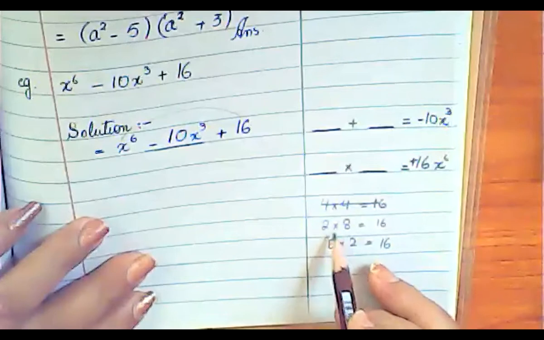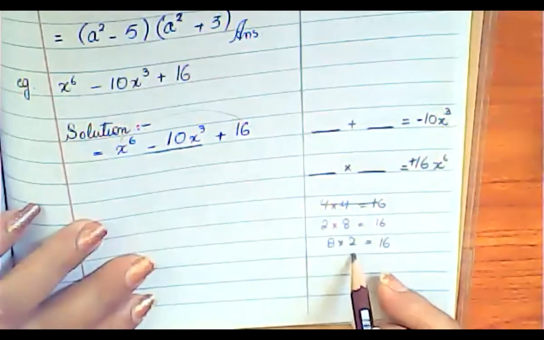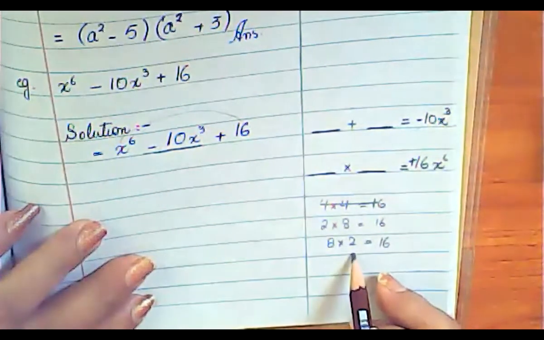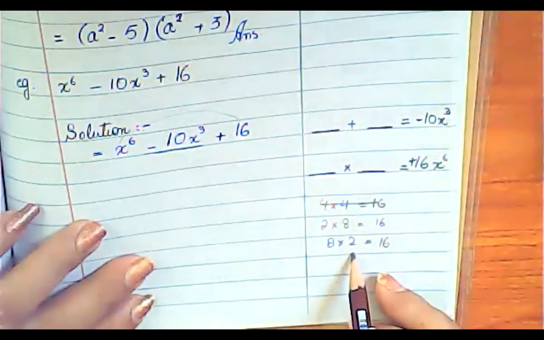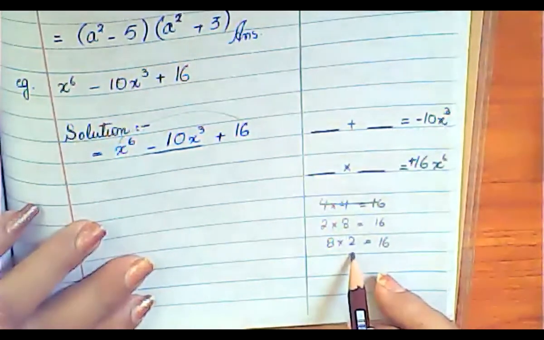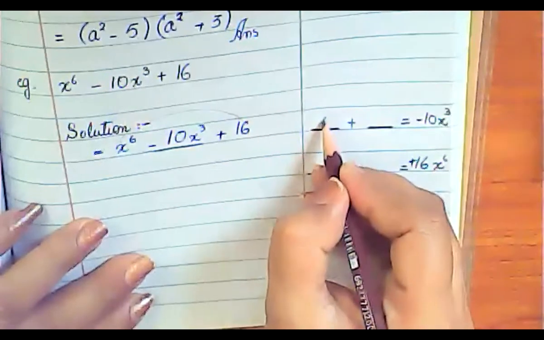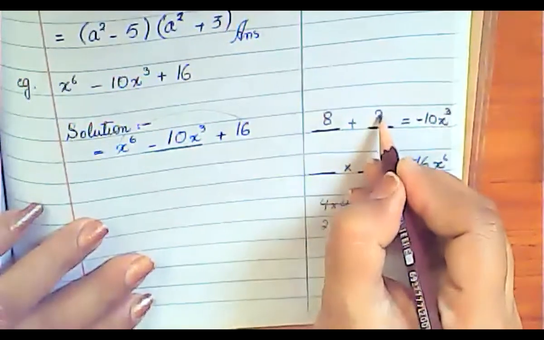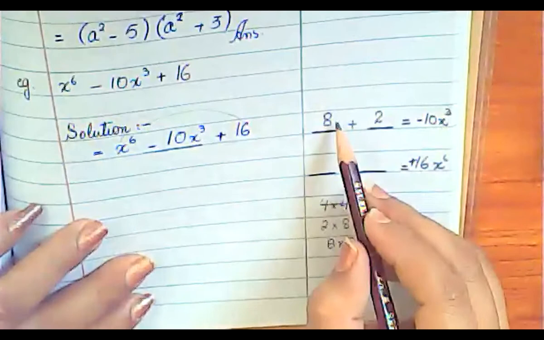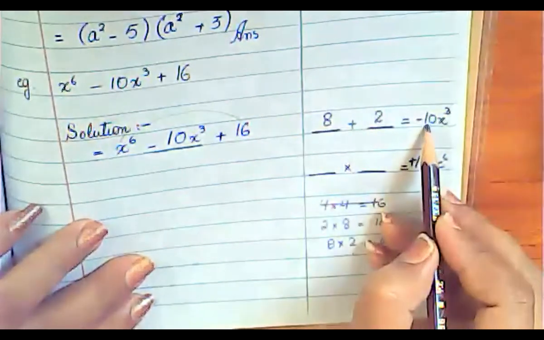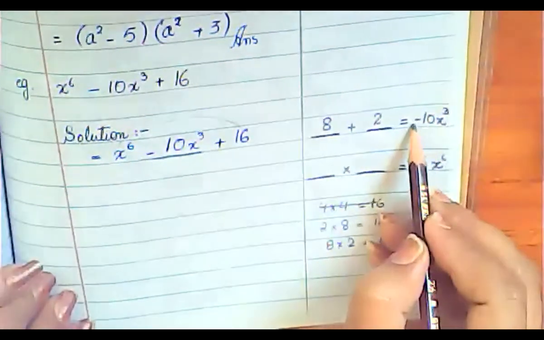Next we have 2 and 8, and 8 and 2. So what you will do? Okay, suppose we write 8 plus 2. So 8 plus 2 will be equal to 10, but we require minus here.